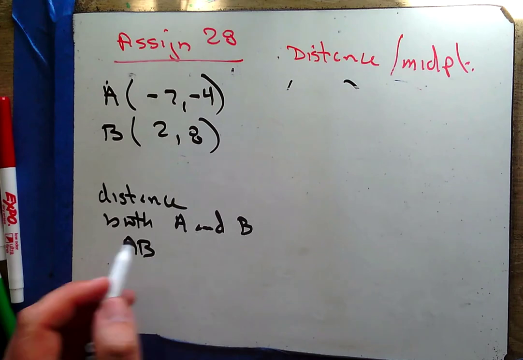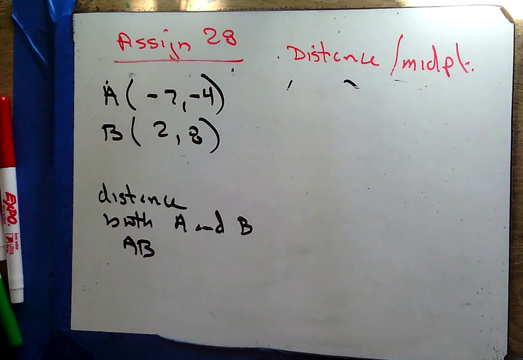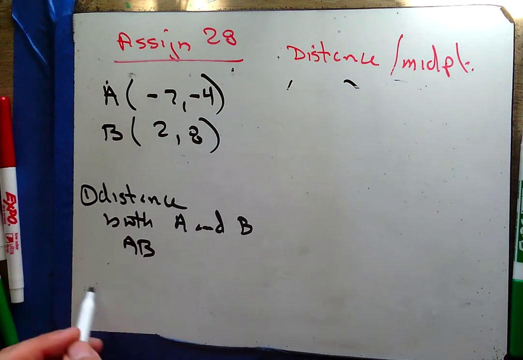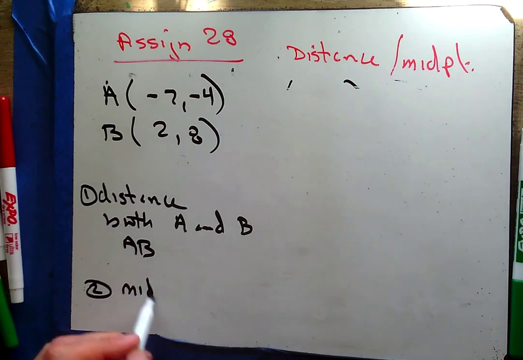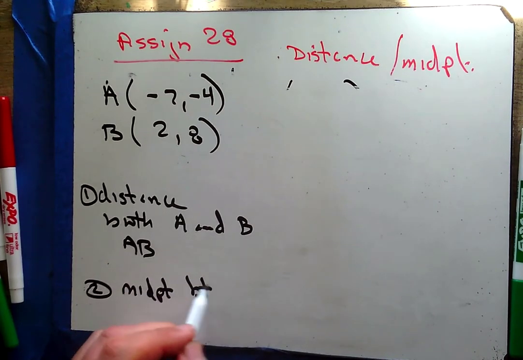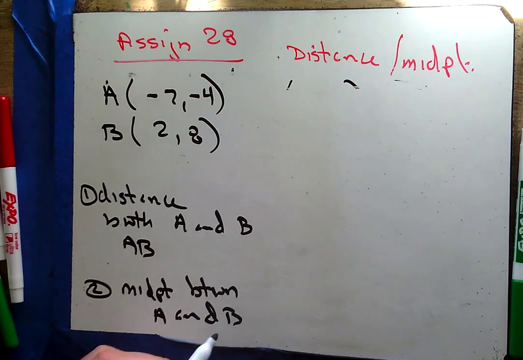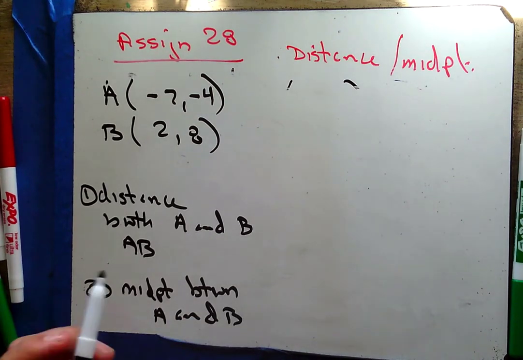With a bar on the top, remember, is the name of the segment. Without the bar on the top means the length of that segment. But I'd also like to find the midpoint between A and B. Okay, so distance formula.